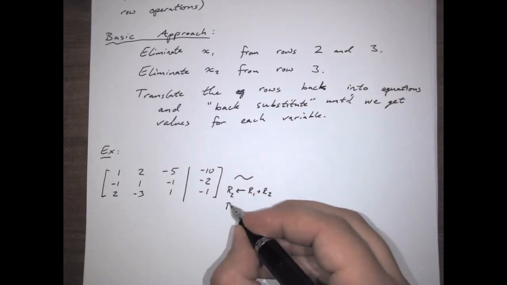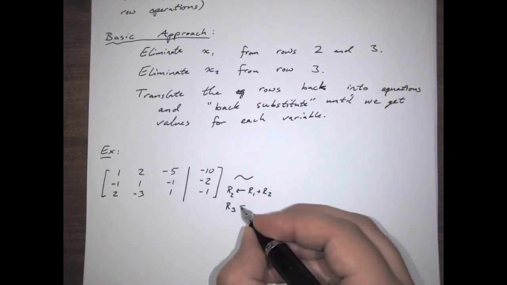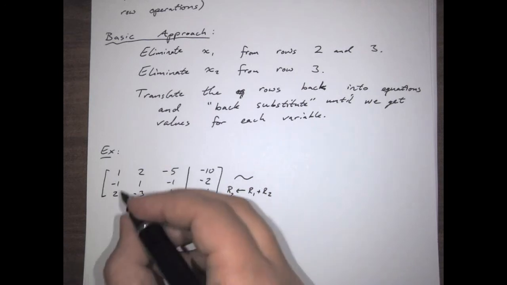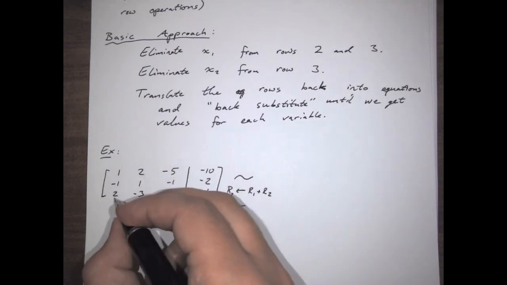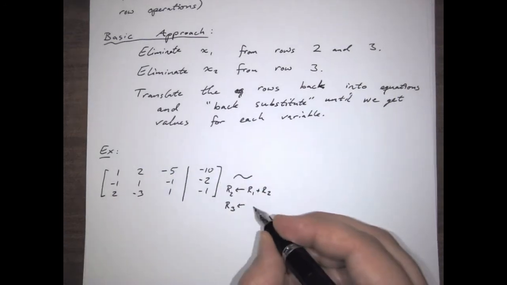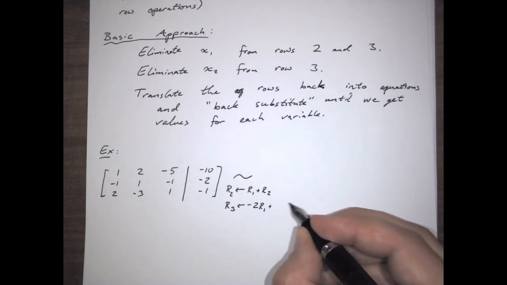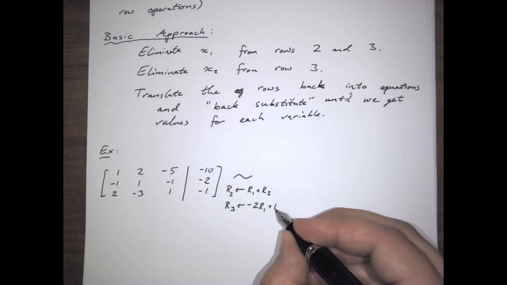And while we're at it, we'll do a similar thing to row 3. Row 3 is going to be obtained by taking row 1, multiplying it by -2, and adding that to the old row 3.